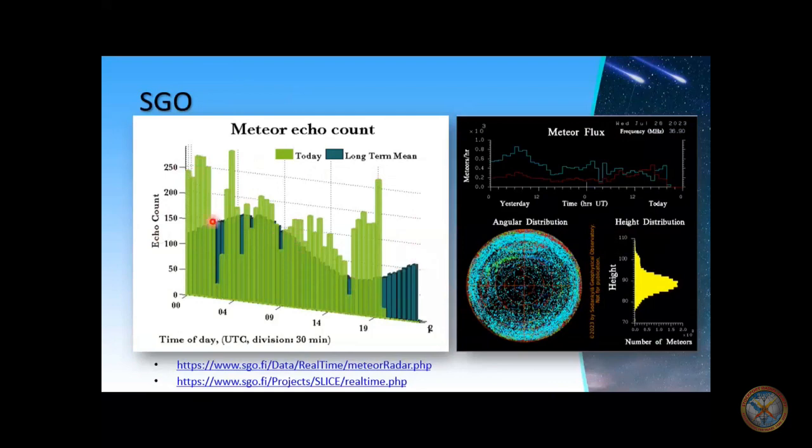Probably a bit of an untypical day. Normally it's really more like this, with the odd ups and downs, but not like this. This could have been, because it's quite northern in Finland, affected by some disturbance in the atmosphere.